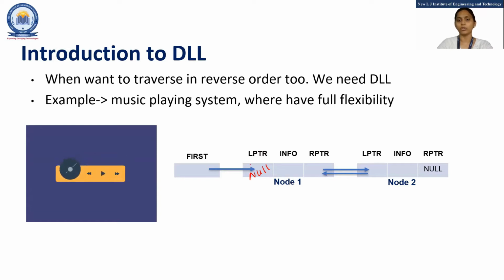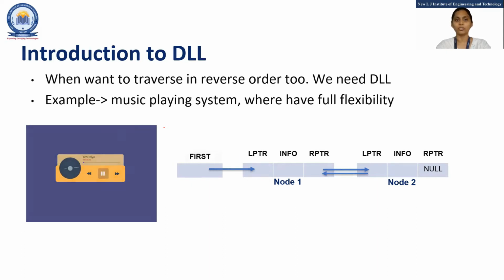Node 1 doesn't have any previous node, so it will point to null. This is one example where a doubly linked list can work. In a playlist, you have full flexibility to reverse or forward, moving in both directions. So this is one logical representation of a doubly linked list.